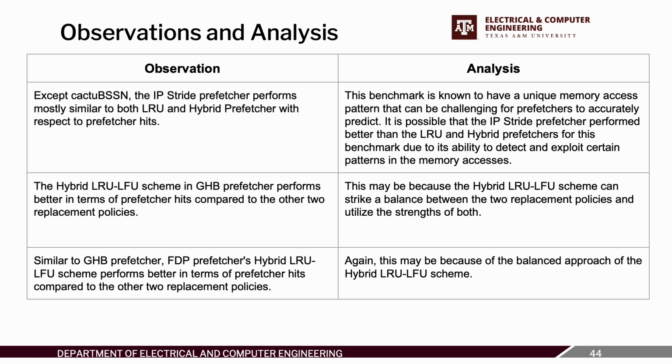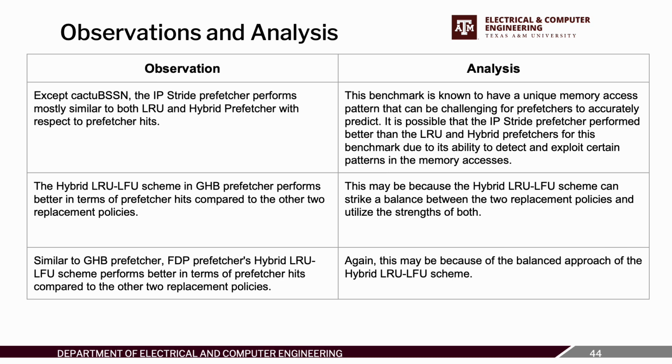Except for one benchmark, the IP stride prefetcher performs mostly similar with both LRU and hybrid with respect to prefetcher hits. We theorize that this happens due to the complexity of the memory access pattern of this benchmark. The hybrid LRU LFU scheme in the GHB prefetcher performs better in terms of prefetcher hits compared to the other two replacement policies.